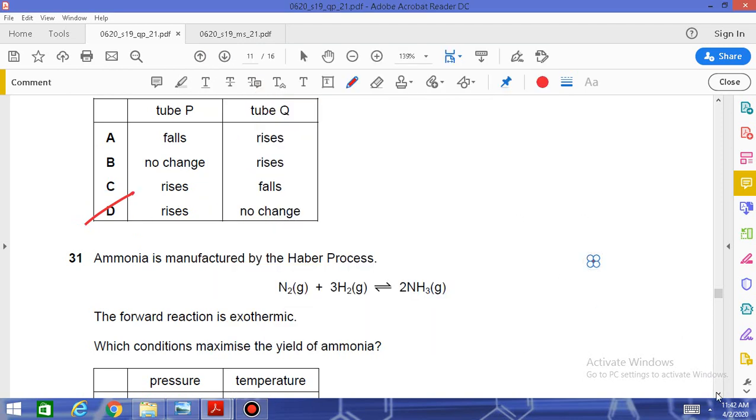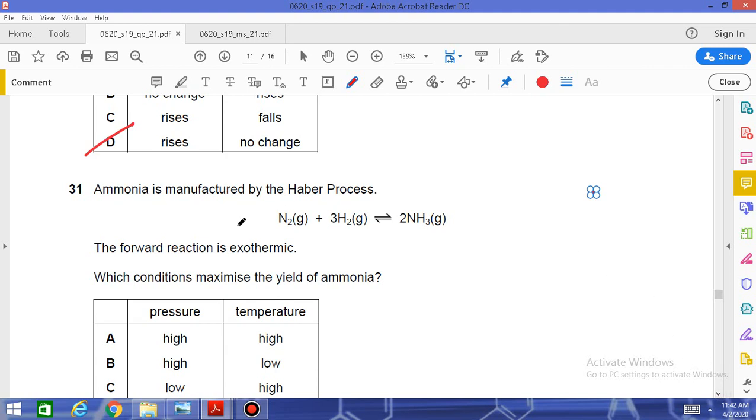Next, 31. Ammonia is manufactured by the Haber process. The forward reaction is exothermic. Which conditions maximize the yield of ammonia? So, to maximize the yield of ammonia, the equilibrium must shift to the right.